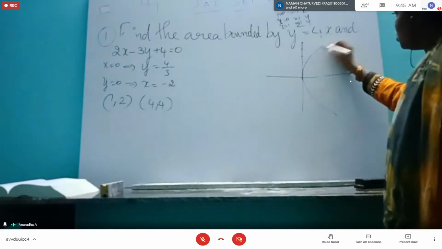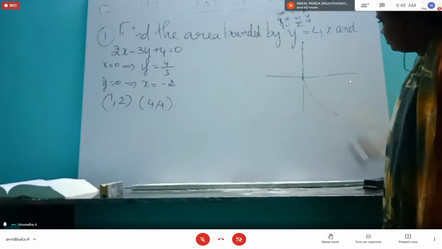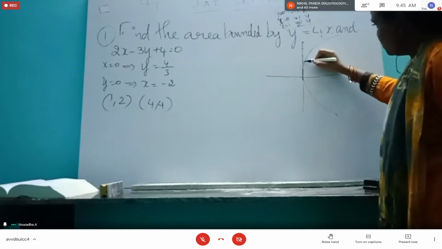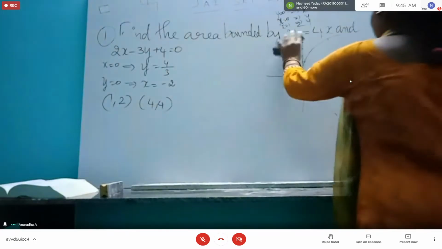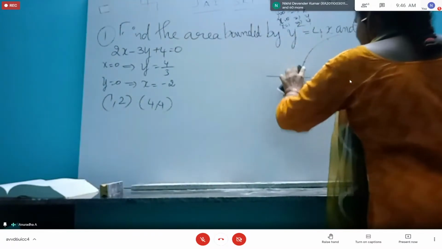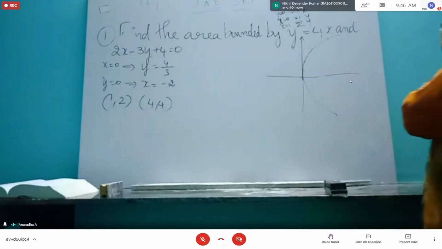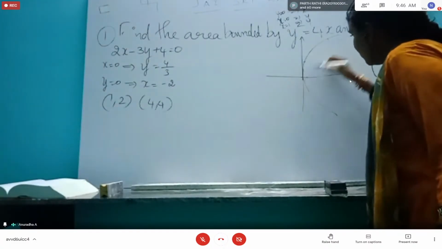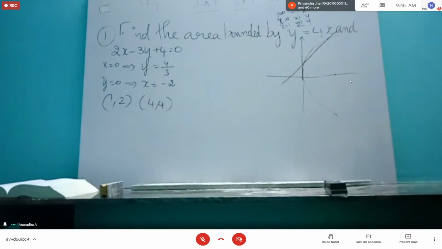For understanding on the board it must be clear, so I will take some more curve figure. For clarity in the video, I will do it like this. So 1 comma 2 is somewhere here, 2 comma 4 is somewhere here, and we have to join them in the form of a straight line and it will go like this.